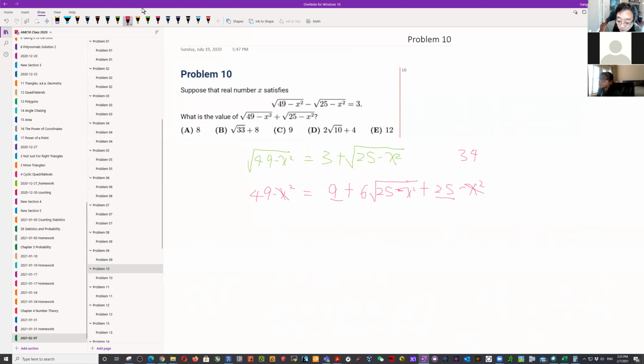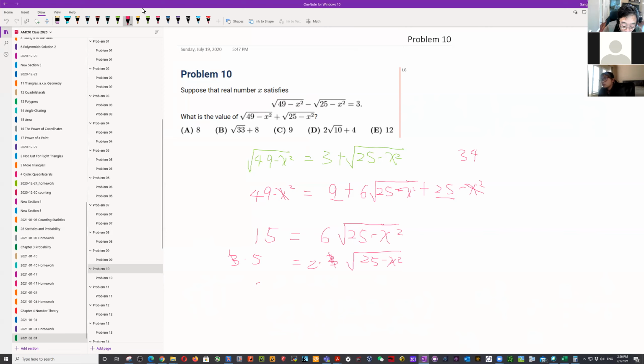And 34 minus it is going to be 15. 15 is equal to 6 square root of 25 minus x squared. Here this is just 3 multiplied by 5 equal to 3 multiplied by the root, so we can cancel this out. Then we can completely square one more time.